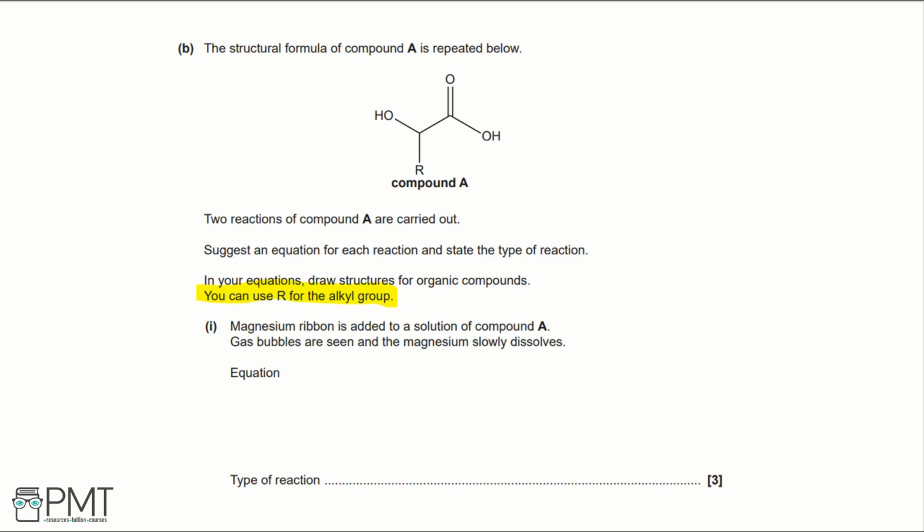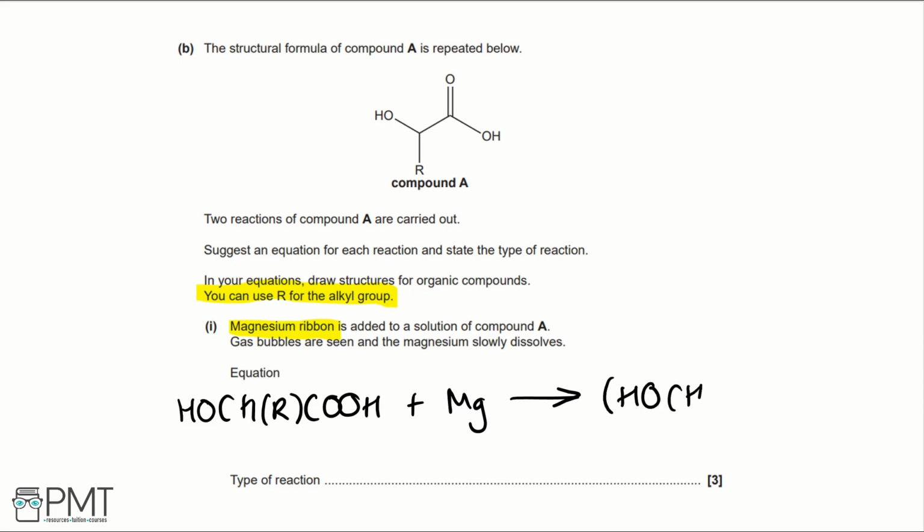If we start by writing out our reactants, we have HOCHRCOOH plus magnesium, because we're reacting with magnesium ribbon, and that will produce a salt of (HOCHRCOO)2Mg, and then we also have hydrogen.